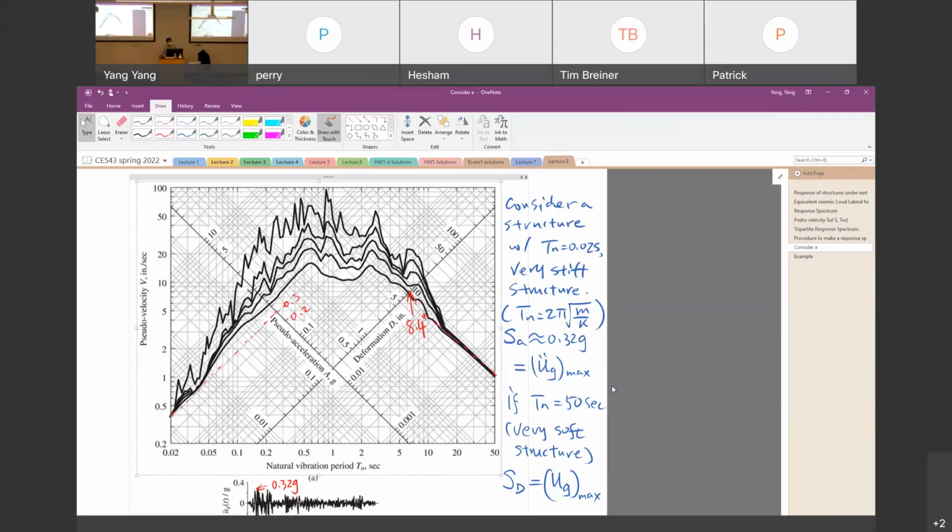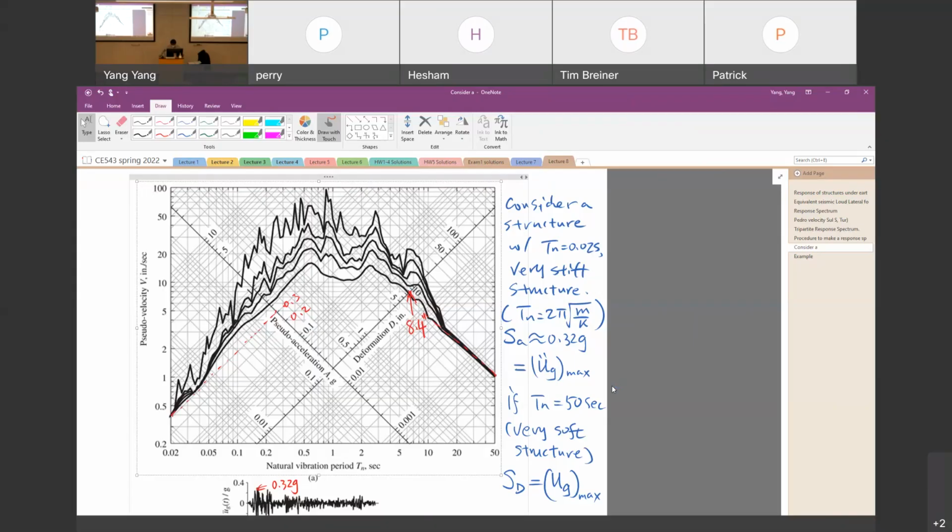All of these parts can experience large deformation, so that we do not need to design very strong, impractical structures. We can sacrifice some parts of the structure to make sure the structure will still be in good shape under earthquakes.